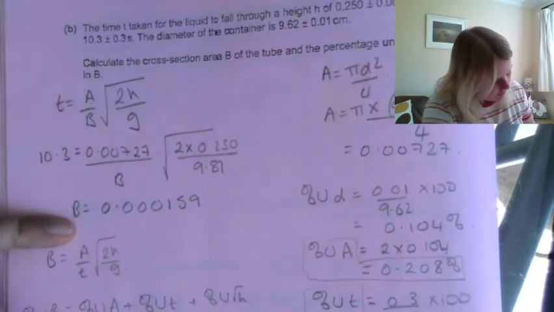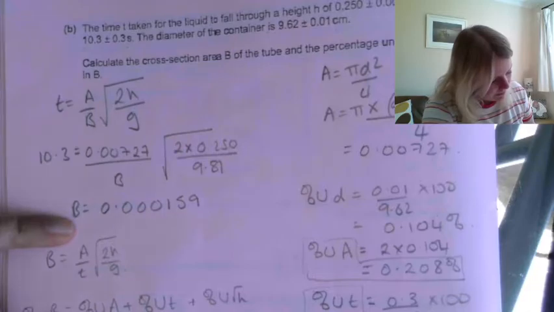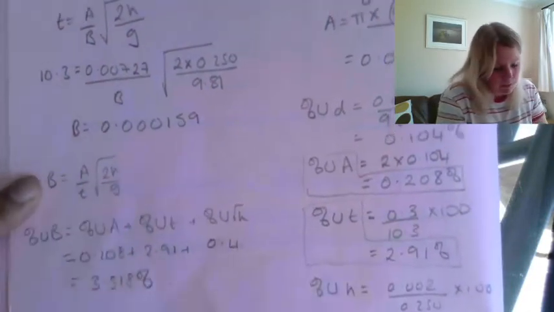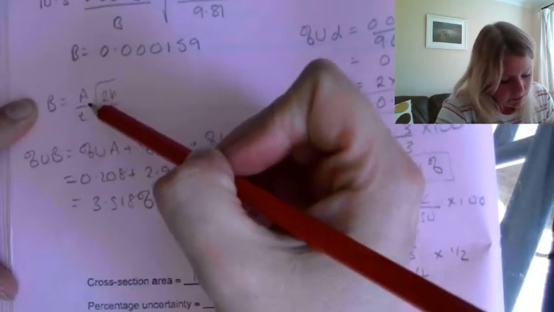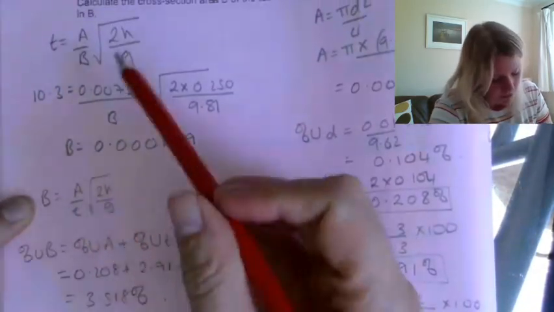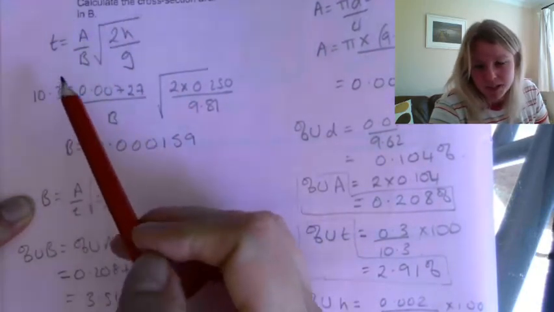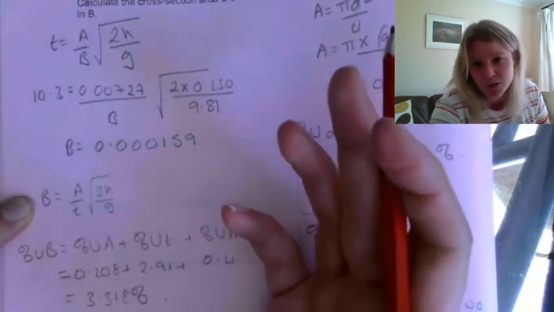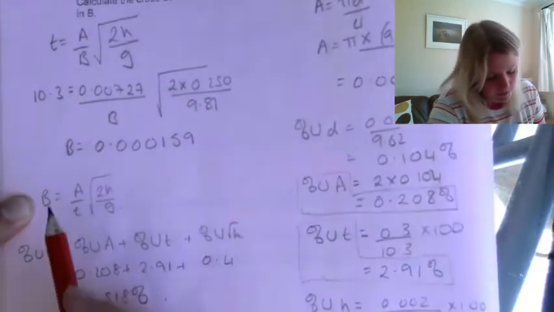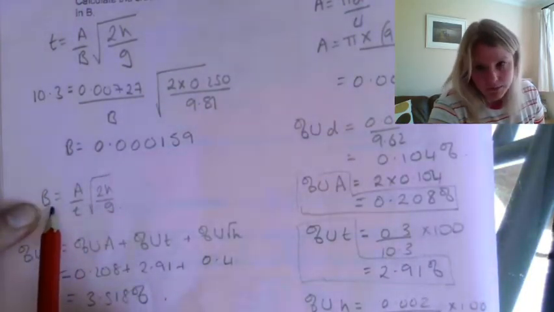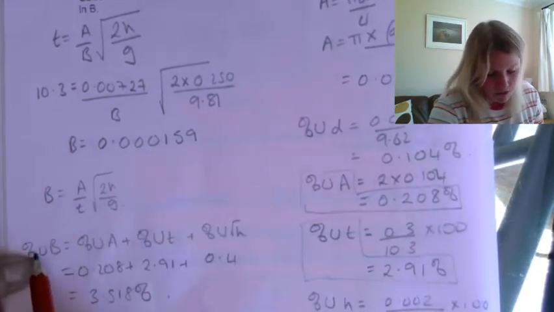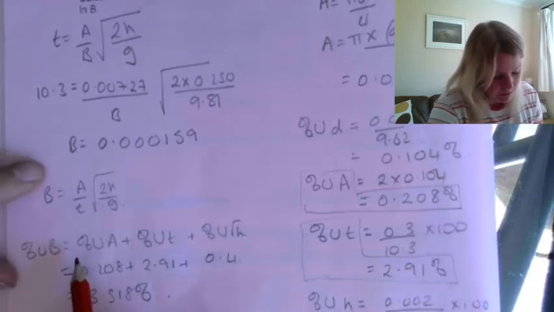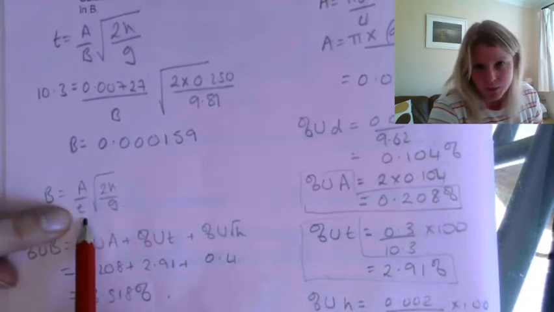Then this bit here, I've worked down here and then gone down here. This is just me rearranging this equation and making B the subject so that I can figure out what I have to do with the uncertainties. Whenever you rearrange that, you get B equals A over T root 2H over g. So the percentage uncertainty of B is going to be, A is being divided by T, and whenever you're dividing, you add the percentage uncertainties together.